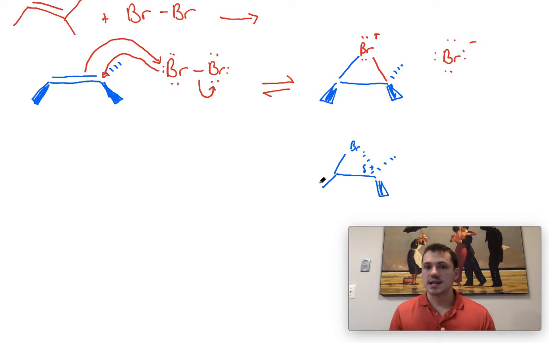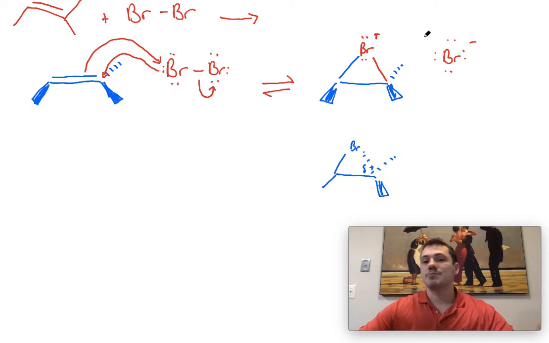It's going to want to lean to the side that leaves behind the more stable carbocation. That's going to be the positive charge, or partial positive charge, that is closer to or on the carbon atom that is more highly substituted. For that reason, it does lean this way, the way I have drawn here.